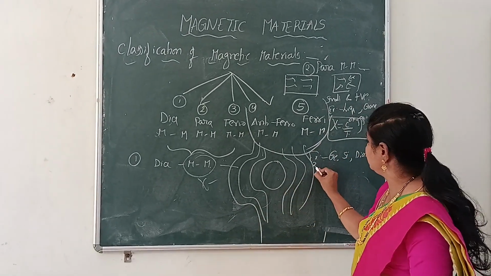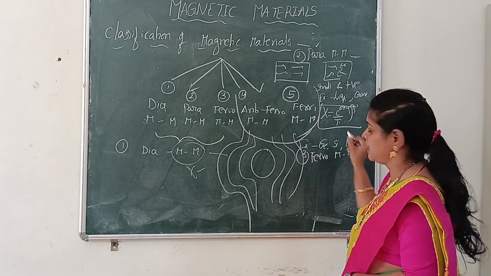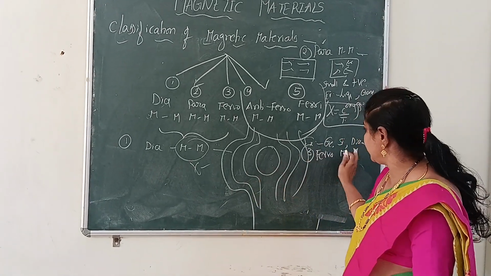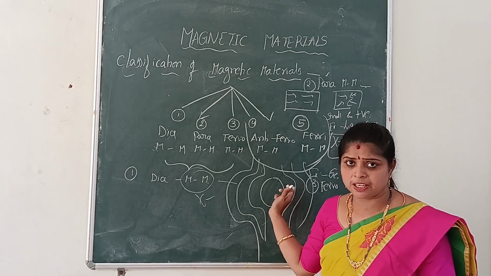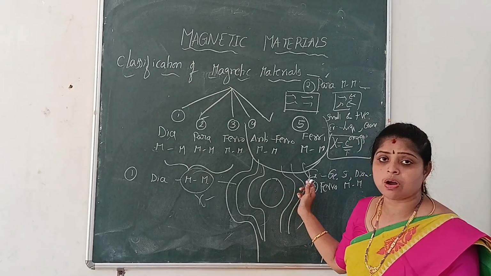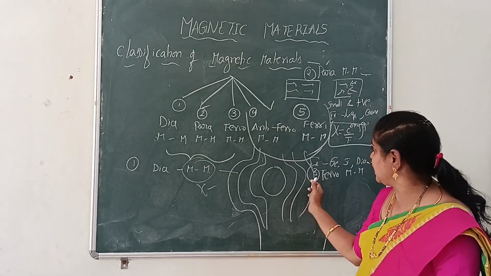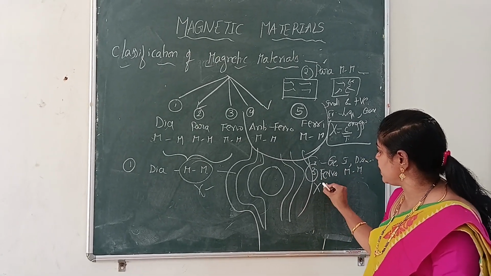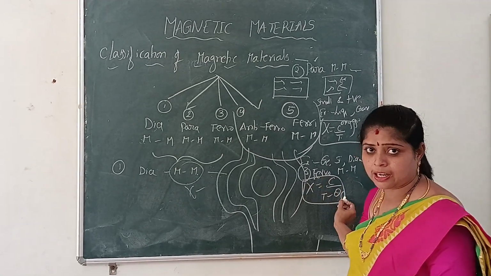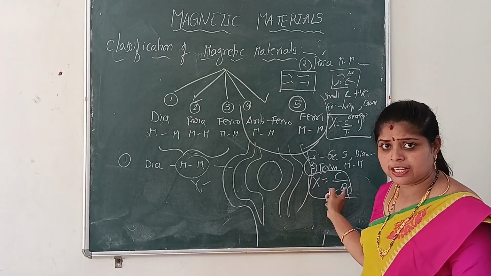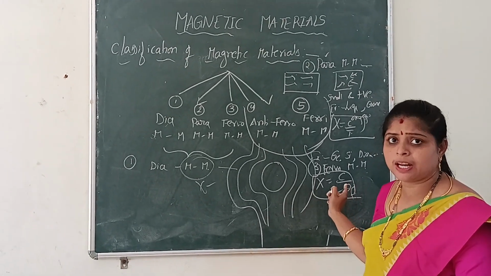Whereas coming to ferromagnetic materials. What is the additional quality of ferromagnetic materials? Even in the absence of a magnetic field, they acquire strong magnetization; those materials are called ferromagnetic materials. They obey the Curie-Weiss law: J equals C by T minus theta, where theta is theta suffix F, the ferromagnetic Curie temperature.